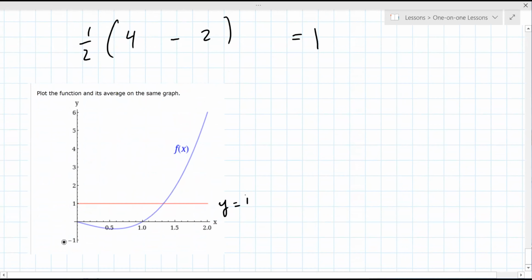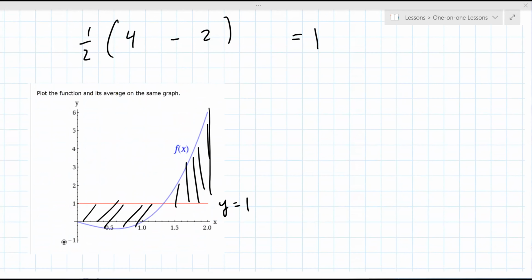So see how this is y equals 1 here. It's kind of like this area and this area are balanced. Maybe that's interesting, maybe it's not.